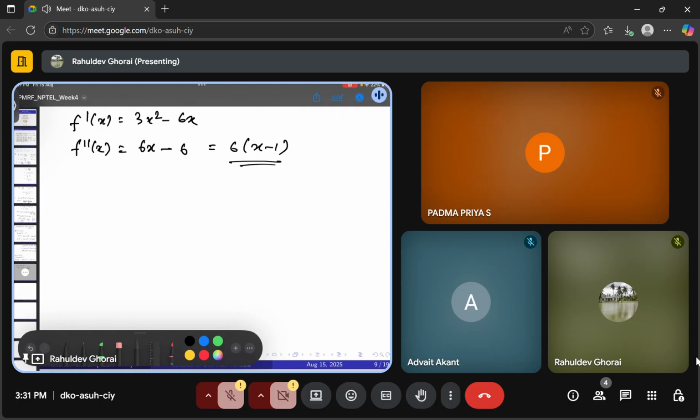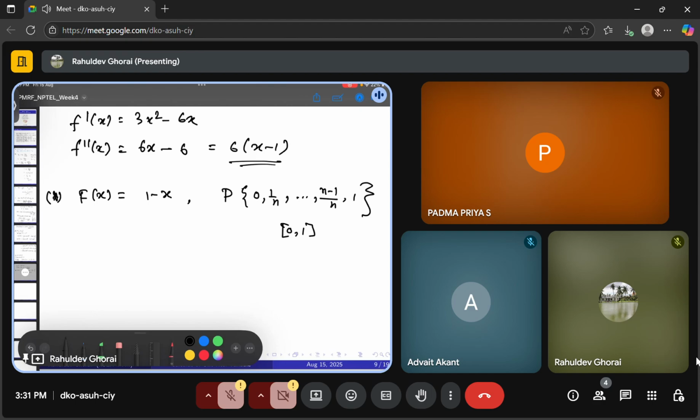But there will be many more things in integrability. Let's say you have this function f(x) equal to 1 minus x, and the partition is given like 0, 1 by n, 2 by n, up to n minus 1 by n and 1, which is a partition of 0 to 1.